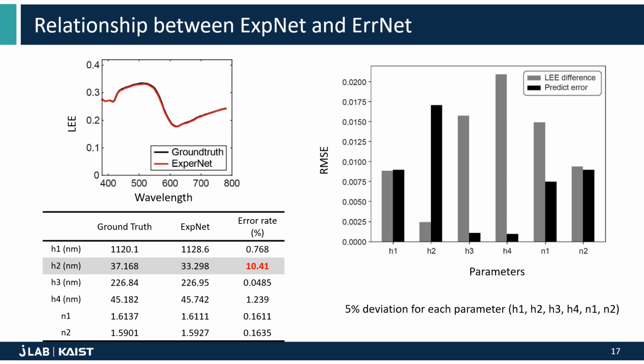This helps explain the poor prediction accuracy for H2, since it has a small effect on LEE. The network received a weak learning signal for this variable. Interestingly, this also reveals an inverse relationship: the less a variable impacts the LEE, the more difficult it is to accurately predict its error.